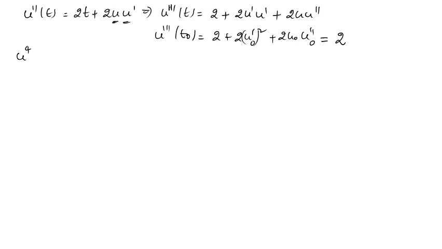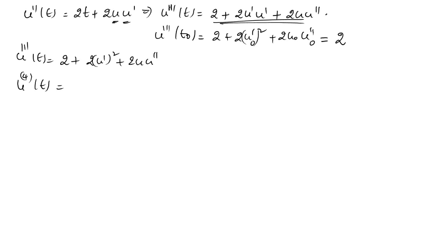Now the fourth derivative. Let me write once again the third derivative: u triple dash t is 2 plus 2 u dash square plus 2 u u double dash. So the fourth derivative is, the derivative of 2 is 0, 2 into 2 u dash u double dash gives 4 u dash u double dash, plus 2 u dash u double dash plus 2 u u triple dash.